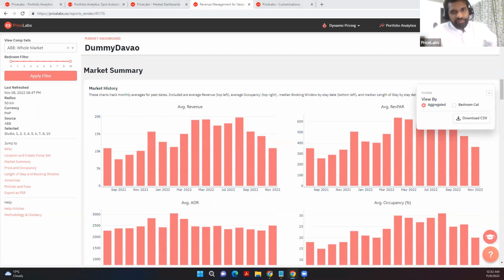How do you set pricing if the market, your competitors, are mispriced? Very good question, and that's something that Pedro and the team spend a lot of time on. One of the key things is that we don't look at absolute price as much. What we really look at is what's happening in terms of occupancy in the market.